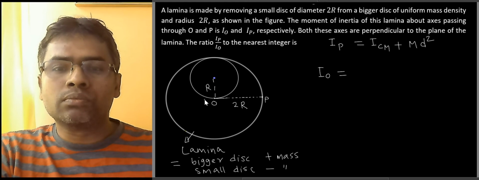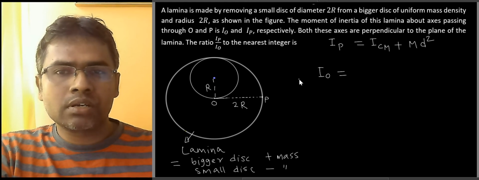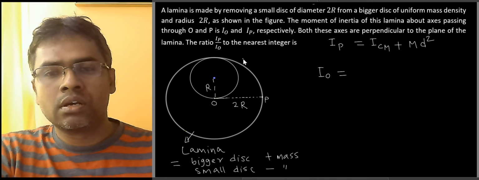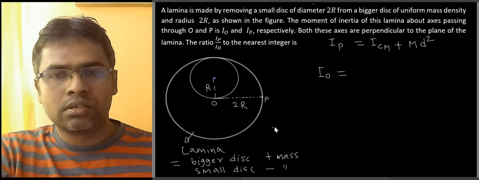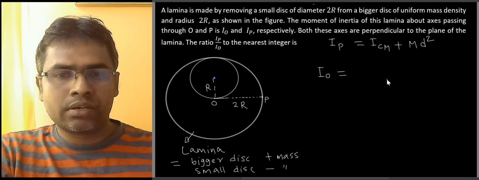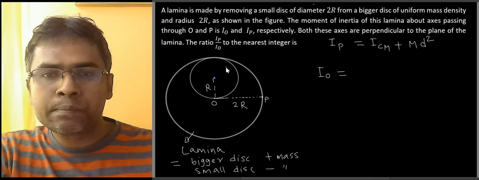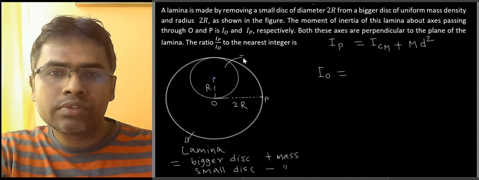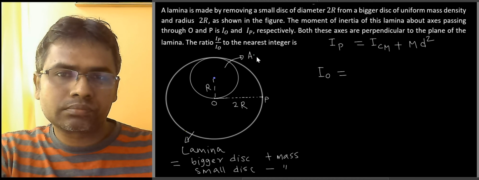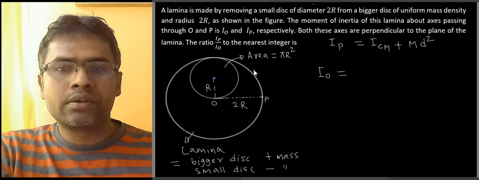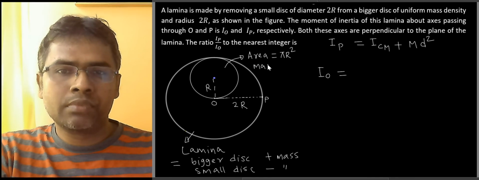Now the moment of inertia about the axis passing through O: if I look at the contribution of the bigger disk, it will be mr square by 2. So again, we need the masses. The area of the small disk is pi r square, so the magnitude of its mass is m.